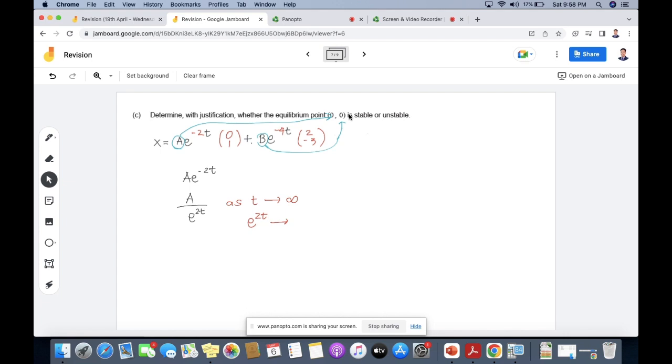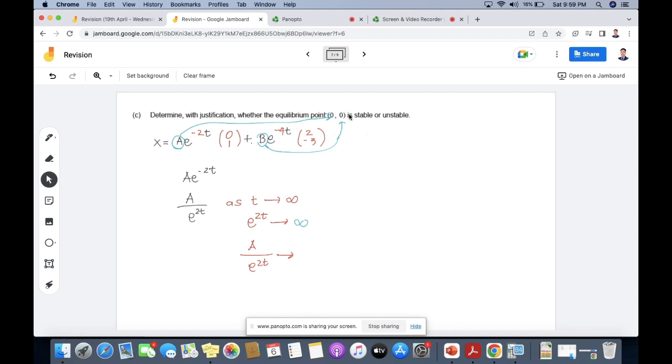As t approaches infinity, the value of e to the power of 2t also approaches infinity. That means it becomes bigger and bigger. Hence, as this becomes bigger and bigger, what happens to the value of A over e to the 2t?